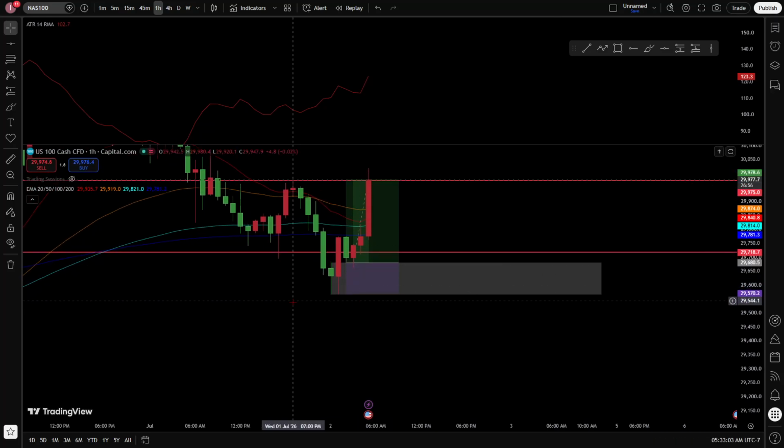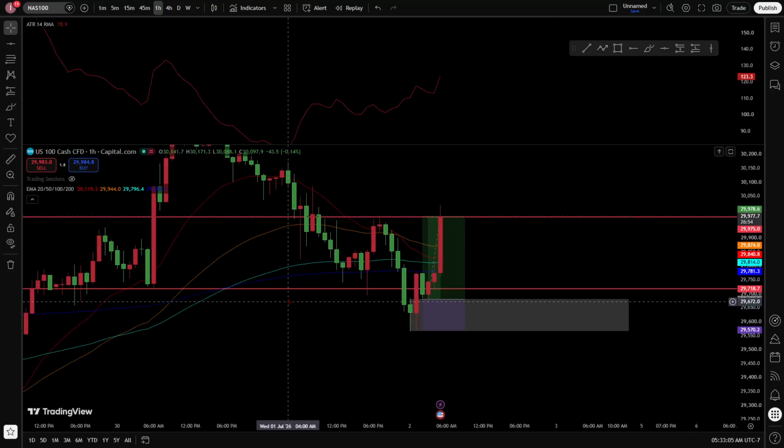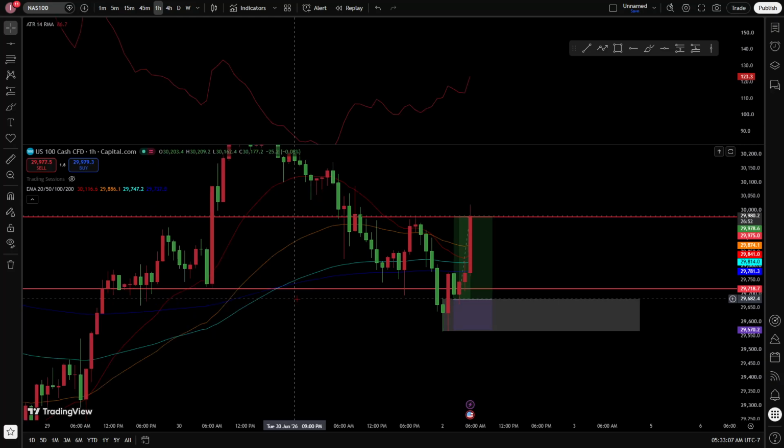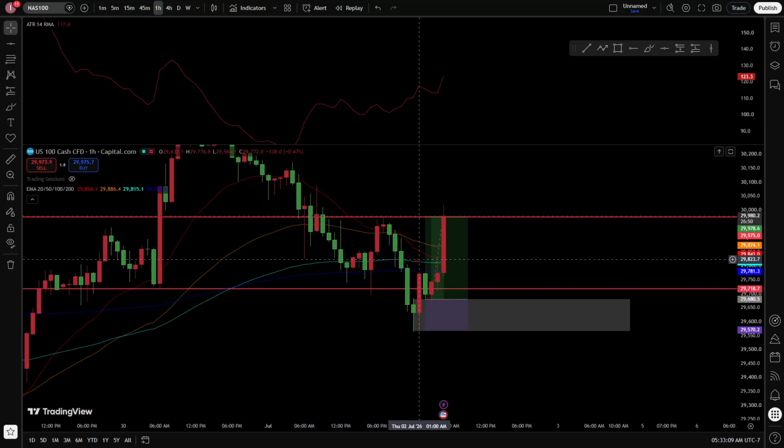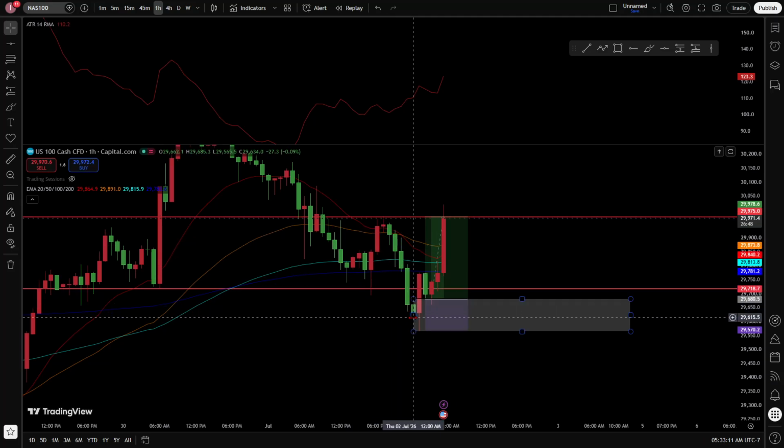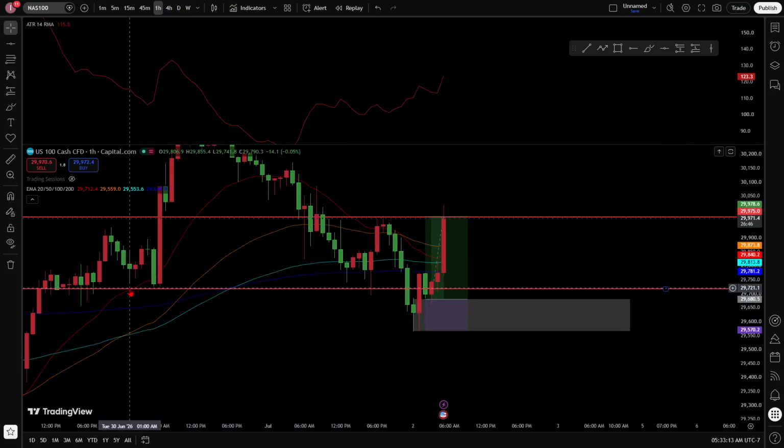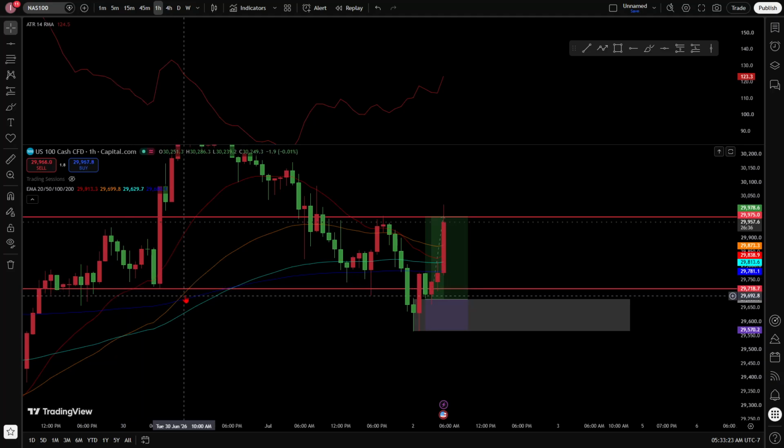So now we can draw our liquidities. Basically, I saw that price was going sideways, so I looked at previous and I saw there's this low. So I said, okay, I have to mark it out and have price support it.